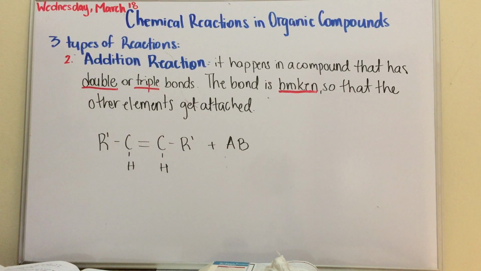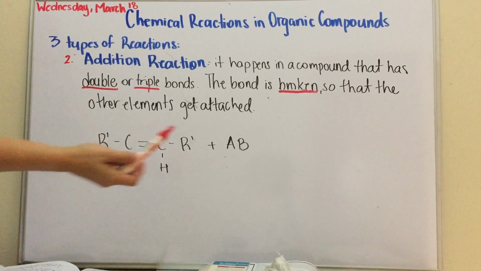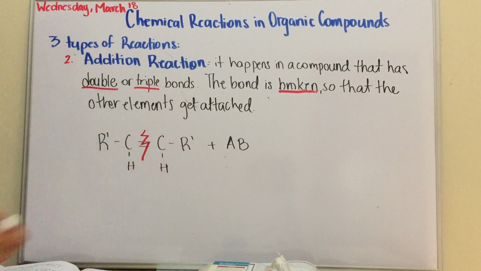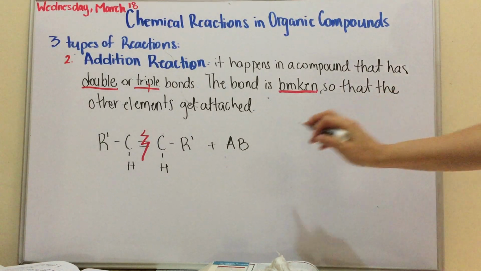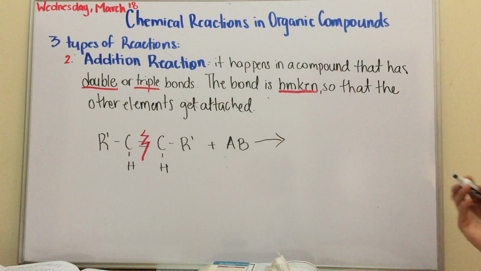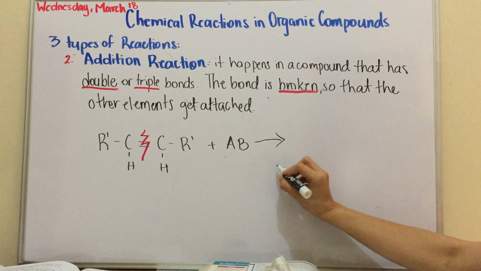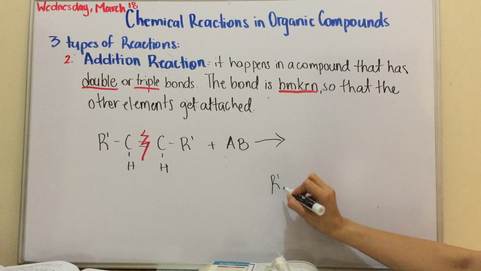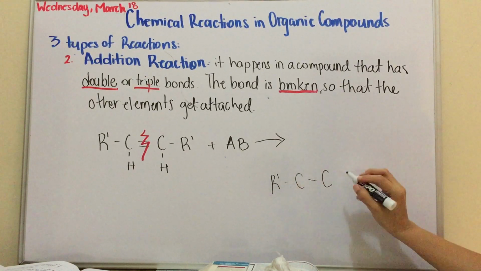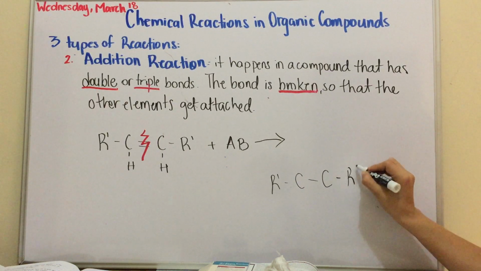Okay, so what happens in this reaction? First of all, for me to add A and B, I need to break my bond. All right, I break my bond and I split that. So this reaction is going to look like this: we're going to have my R, same way, because it's the chain of carbons, and my R on the other side.